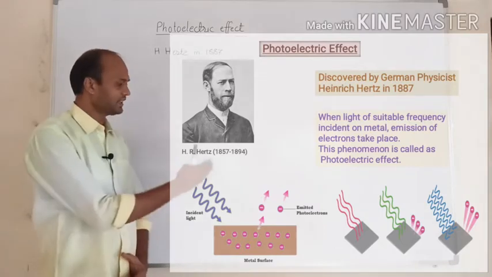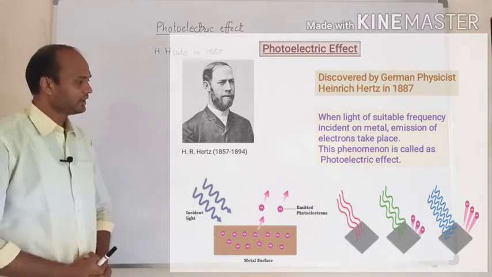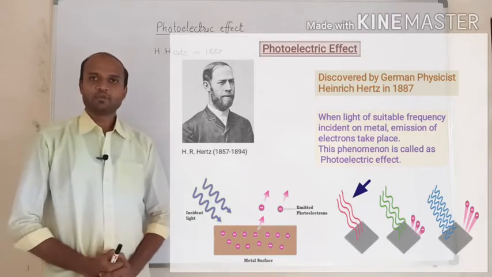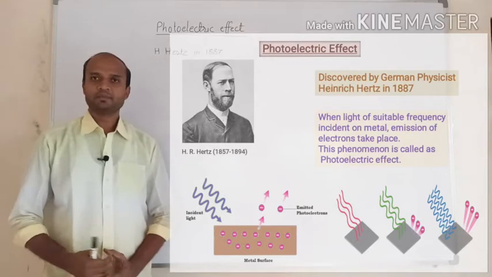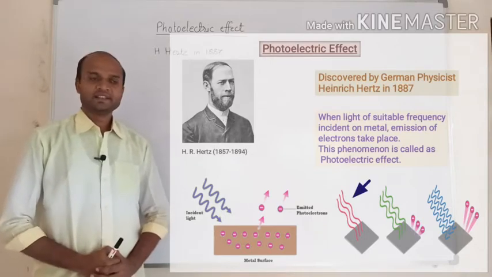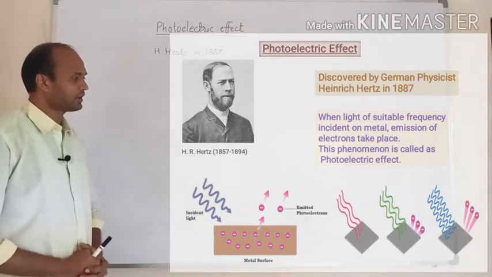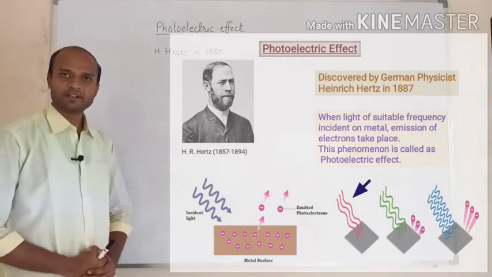Initially here it is shown that when light of red color is incident on a metal, whose wavelength is longer, meaning the frequency is very low, then emission of electrons does not take place. No electrons are emitted.